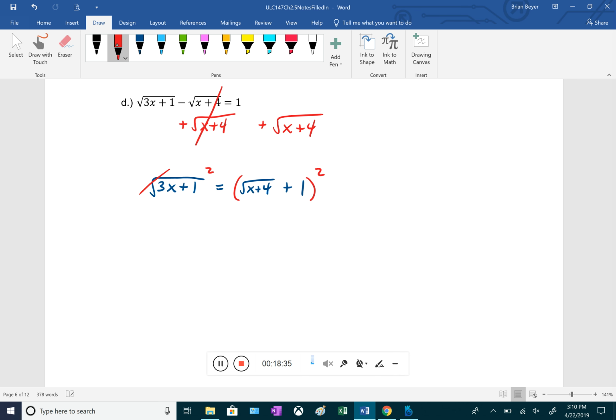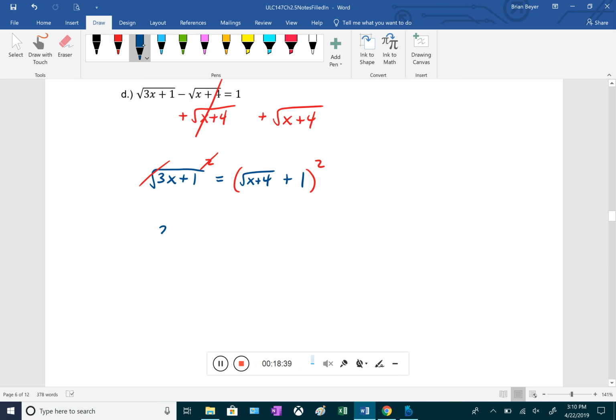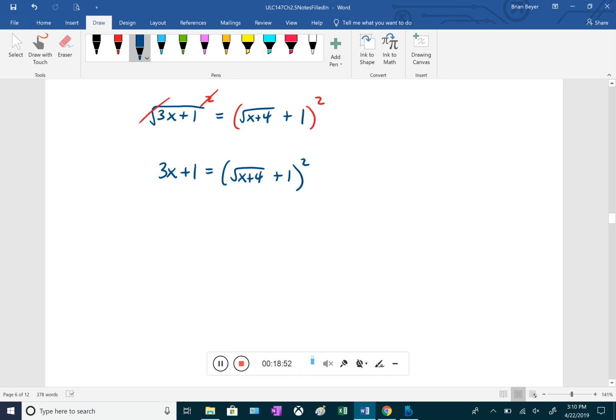So the square root and the square are going to cancel, and we're going to be left with 3x plus 1 equals the square root of x plus 4 plus 1 squared. And now we have to FOIL out that right-hand side. So I'm just going to write two of them next to each other since it's being squared. So it's that times itself.